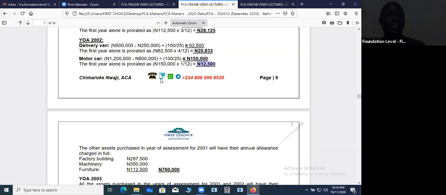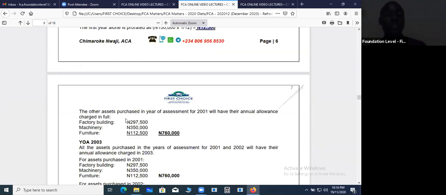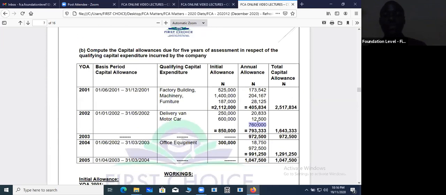The others, like factory building and machinery, instead of prorating again, which we did before, we charge it full. And of course, the furniture, we charge it full. Add them together, you have 760. And that's that 760 we were talking about.